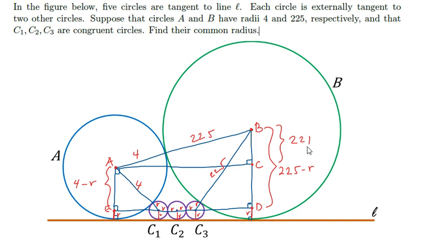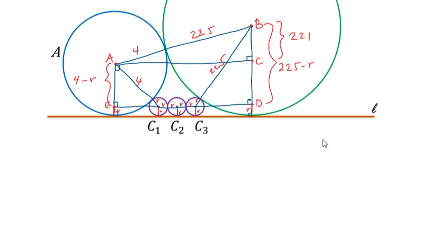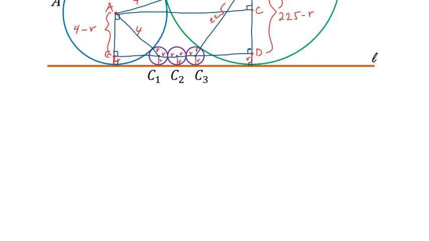Observe that we have a rectangle, okay? The rectangle ACDE. And we know that in a rectangle, opposite sides are congruent. So we have ED equals AC.